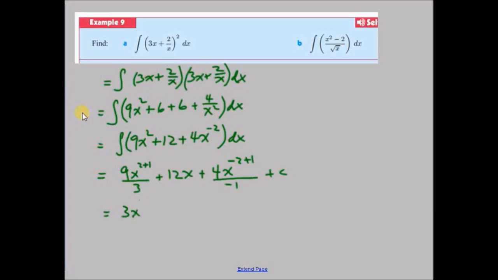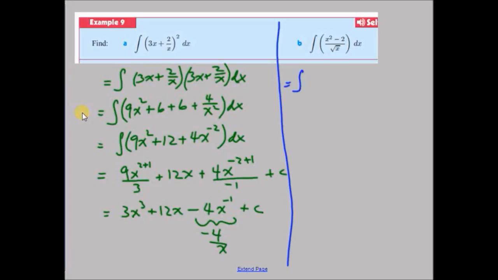So 3x cubed plus 12x, subtract 4x to the -1 plus c. Or of course you could write this as -4 over x. They're both correct.